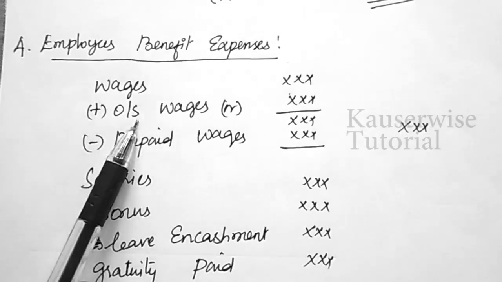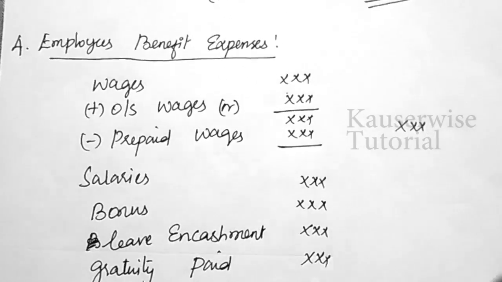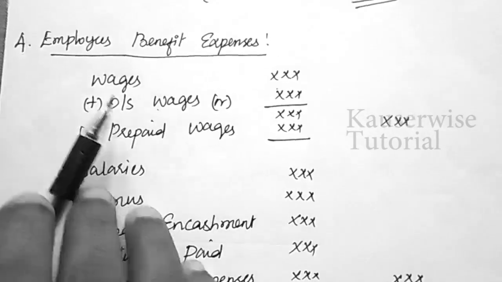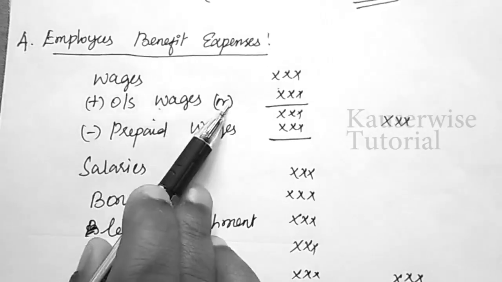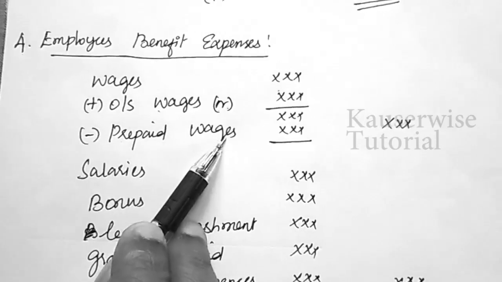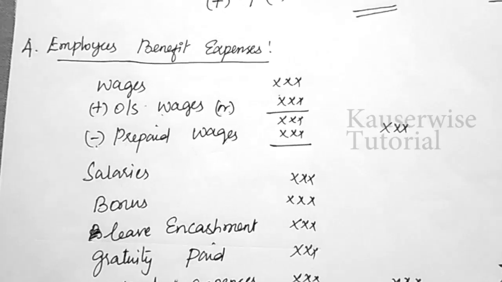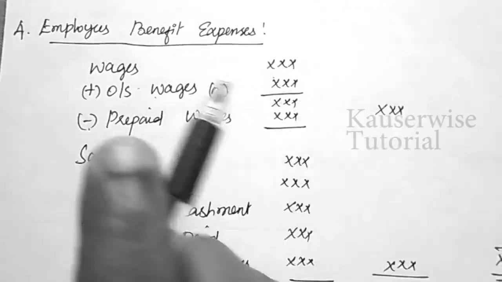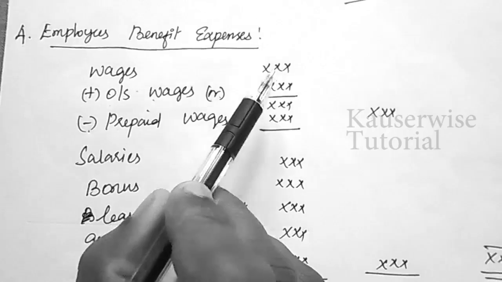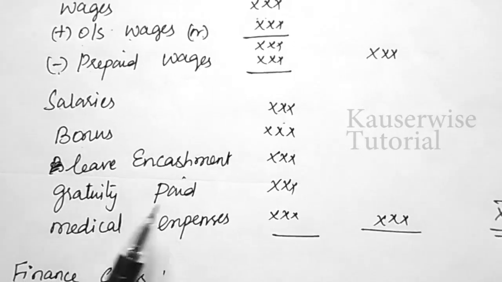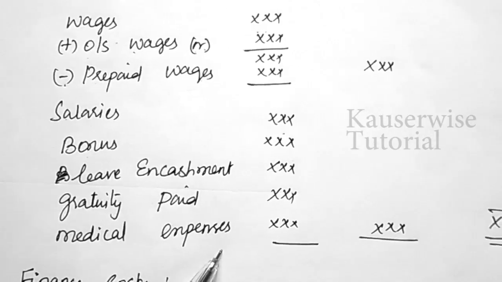If there is any outstanding expense, that will be added along with the respective expense. Here I have explained wages, that is outstanding wages. In case of prepaid expenses, that will be subtracted. So this rule is applicable for all expenses. Here I have explained only one thing, that is wages. So wages, salaries, bonus, leave encashment, gratuity paid, medical expenses for employees.